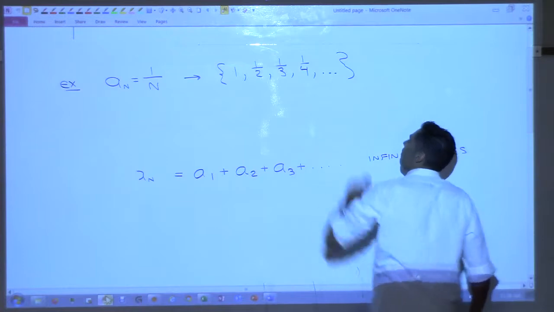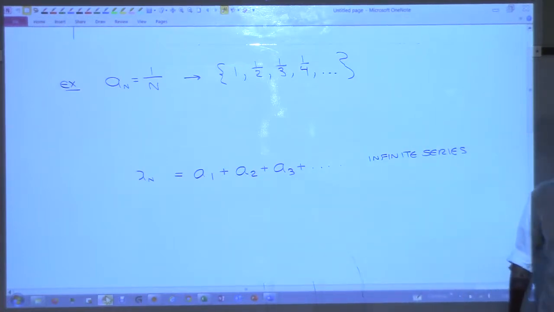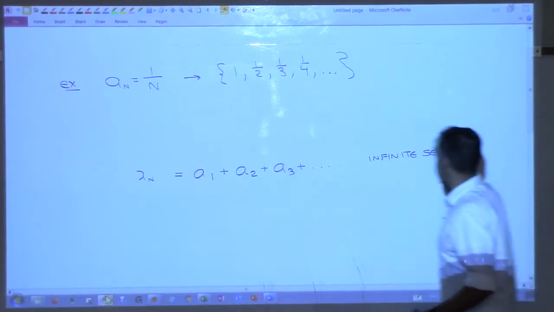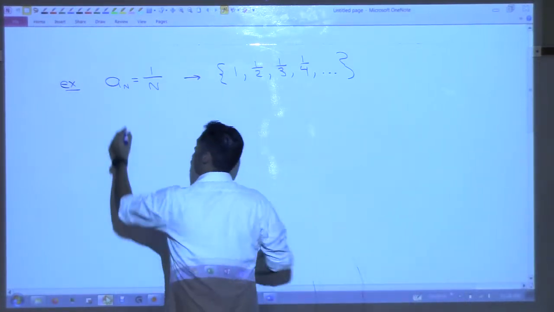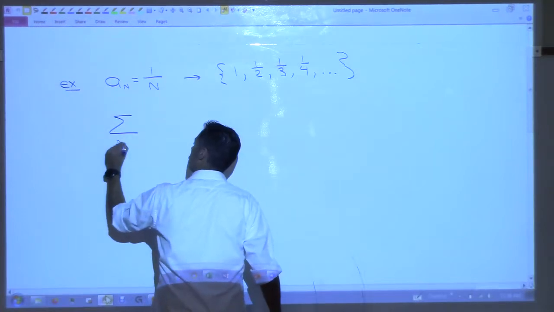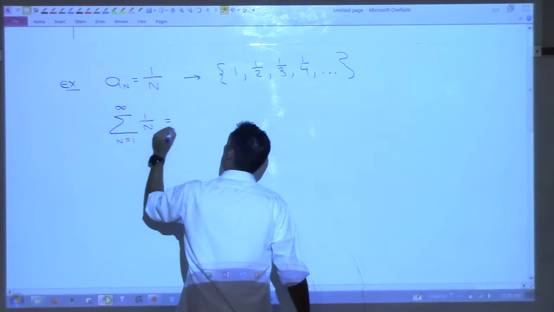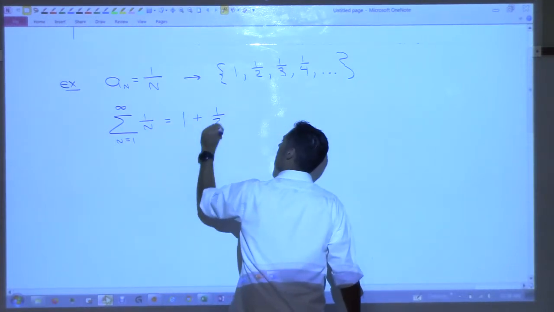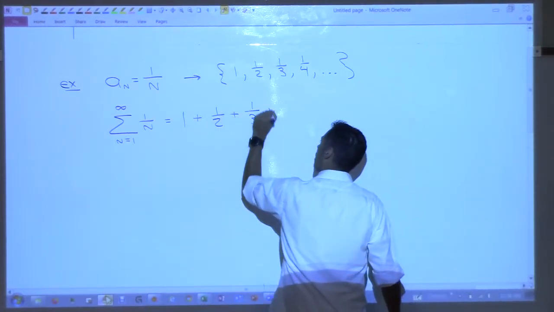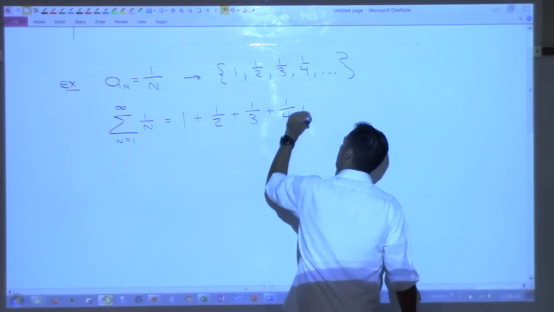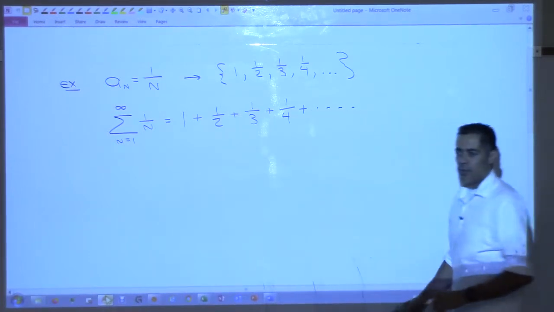That's the sequence. What is the infinite series that goes with that sequence? So what is the sum n equals 1 to infinity of 1 over n? Well, that's 1 plus 1/2 plus 1/3 plus 1/4 plus forever and ever. That's what it is.